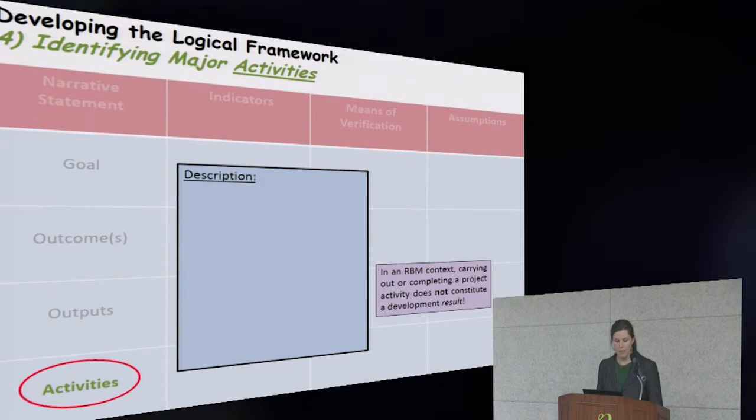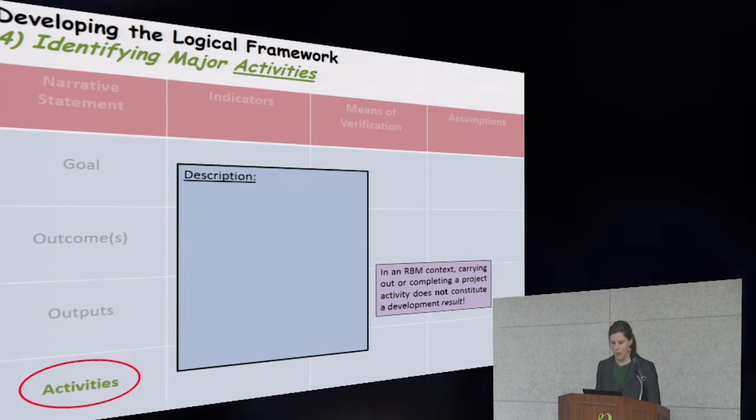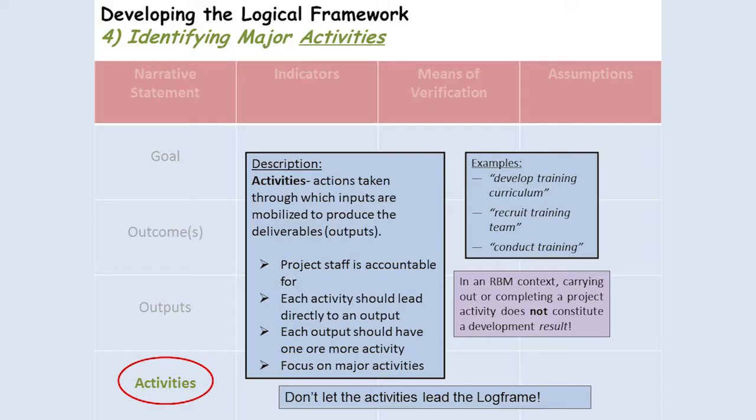Now, at the lowest level of the log frame, we have our project activities. So activities are actions taken through which inputs are mobilized to produce the outputs. So project staff is directly accountable for our activities, and each activity should lead directly to an output. So if you're reviewing your log frame and you find an activity in there that's not related to an output, you should get rid of it.